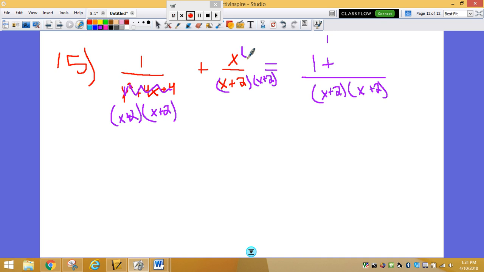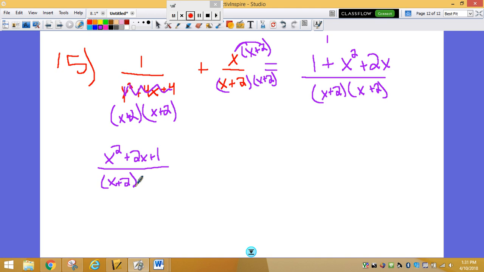And if you do it on the bottom, you got to do it on the top. So I'm going to distribute, and I get x squared plus 2x. I'm going to rewrite this so that the x squared comes first, and then the 2x, and then the 1. And on bottom, I still have an x plus 2 and an x plus 2.